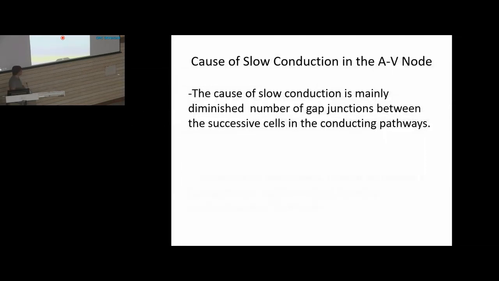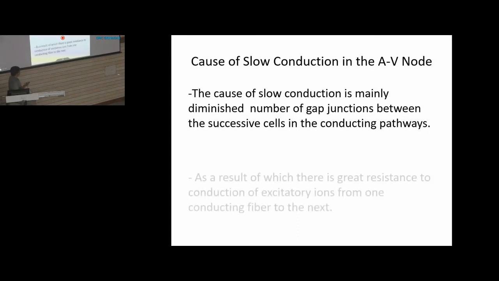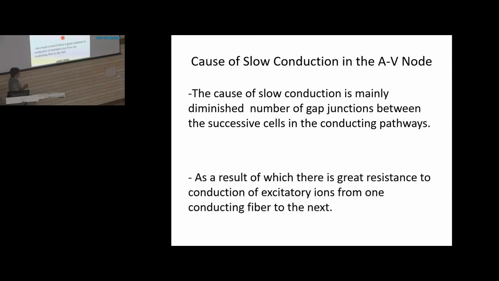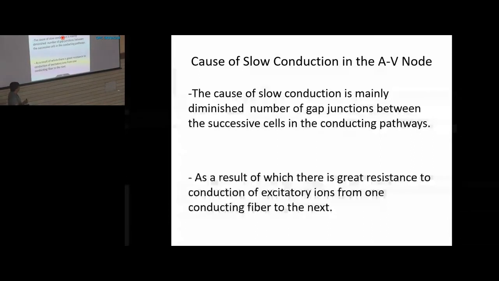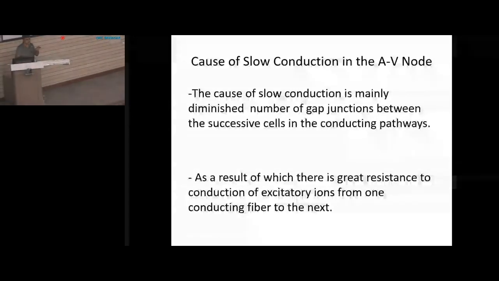Okay? As a result of which, there is great resistance to conduction of excitatory ions from one conducting fiber to the next because of the paucity of gap junctions, because of the reduced number of gap junctions. Is that clear? Any problem in this? Okay.